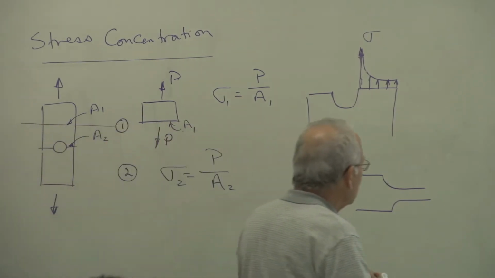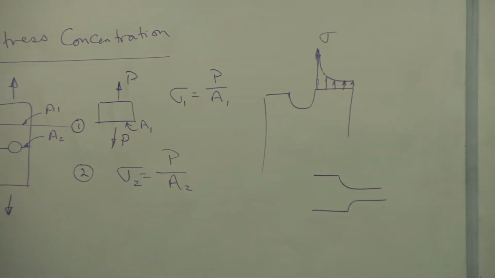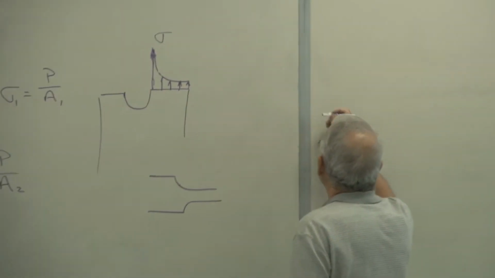The magnitude of the stress that is magnified is found by multiplying the nominal stress by what is called the stress concentration factor.